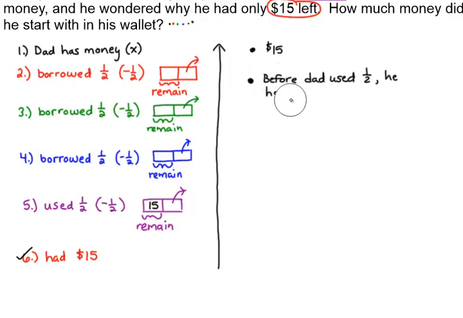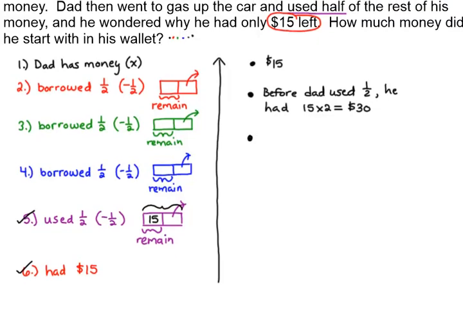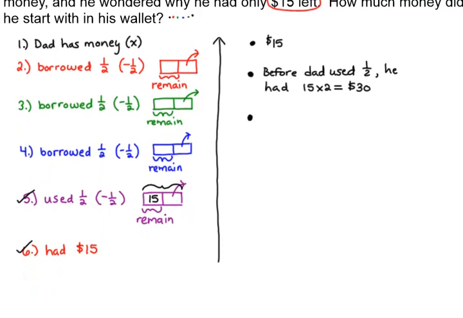15 times 2, which is $30. What that means is if he takes that times 2, that entire thing is $30. Now we're going to go to step 4. That was before my sister borrowed half, so that $30 represented the amount that remained.